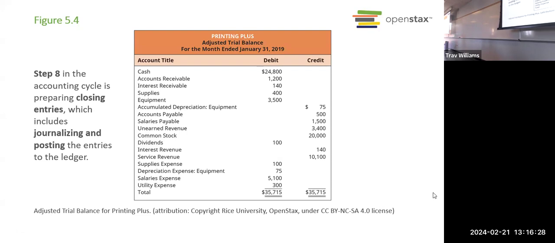And once we do that, every account that we just updated in the ledger now has a new balance, right? So if you make a trial balance, it's going to impact the trial balance. So we do the closing entries in the journal, copy them to the ledger, and then make what's called a post-closing trial balance.